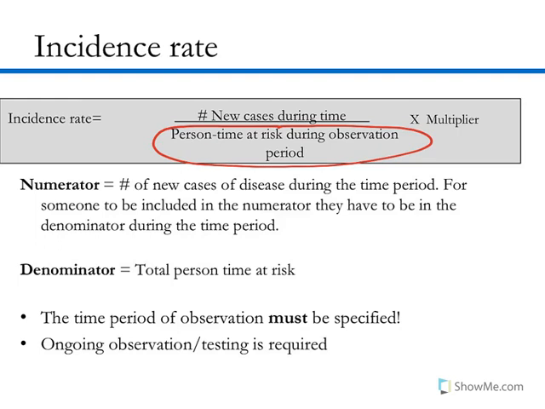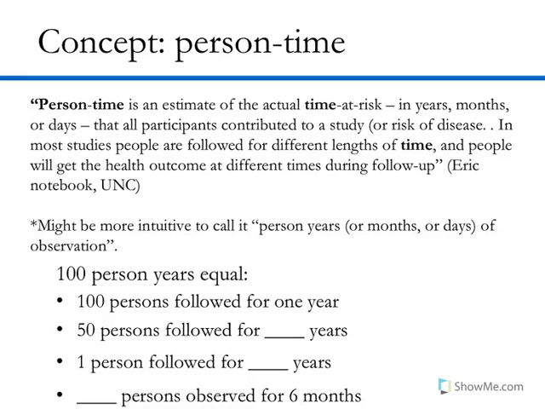The time period must still be specified for our incidence rate calculation, and in order to determine the number of new cases of disease, we have to have ongoing observation or testing, meaning that we have to be able to know when people are actually developing the disease that we're interested in. As with our cumulative incidence calculation, we still have a multiplier that we use to help us interpret our calculation, and we'll go through an example of using that multiplier today as well.